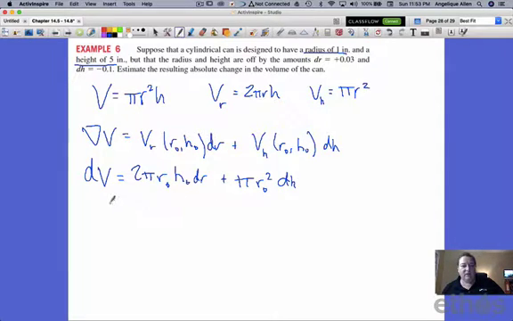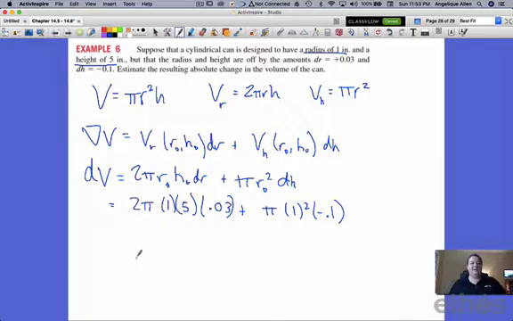And now we just go fill in values. 2 pi times our initial radius times our initial height times the differential in the radius. And pi times 1 squared times the differential in the height. And so now we're just crunching numbers.